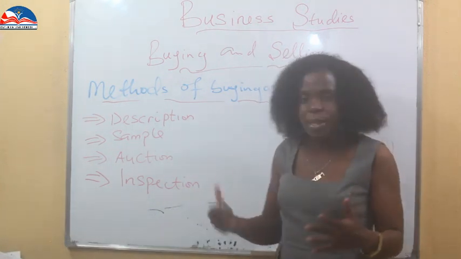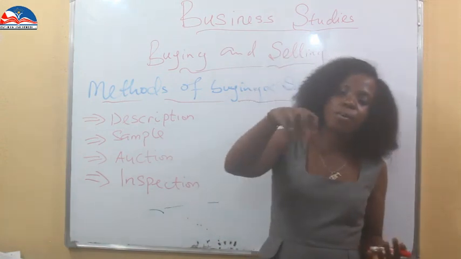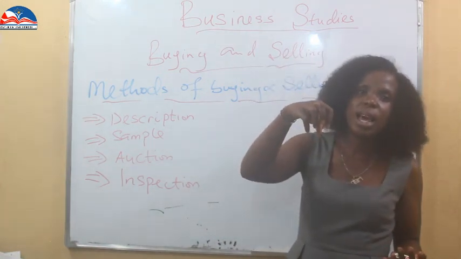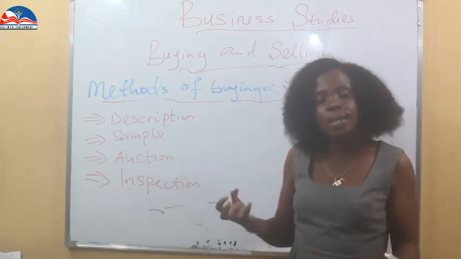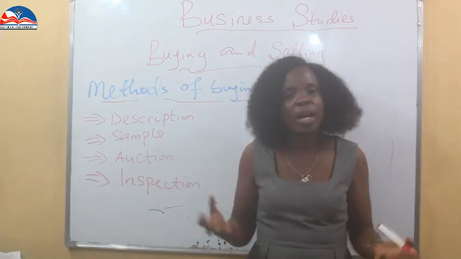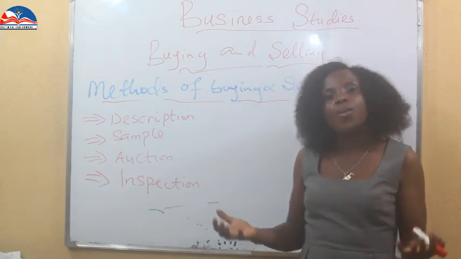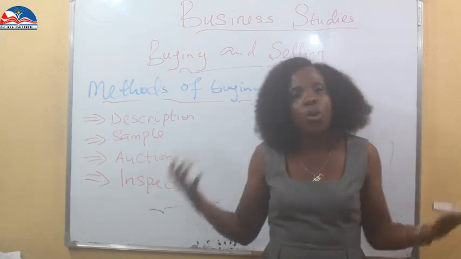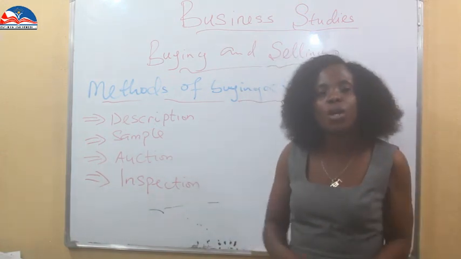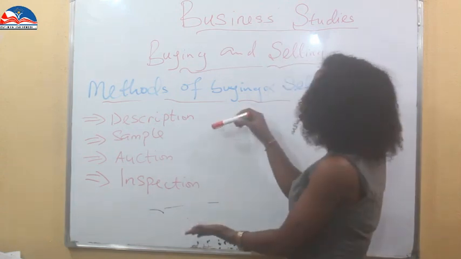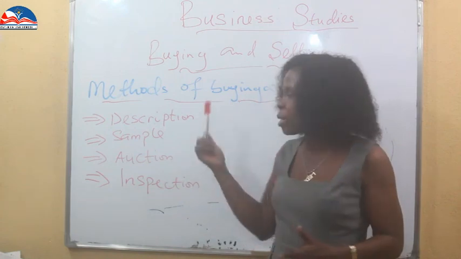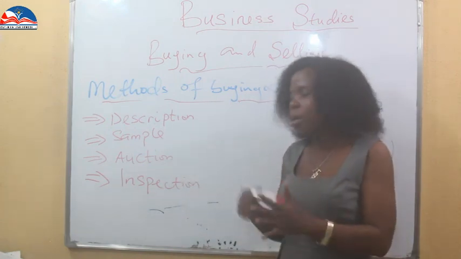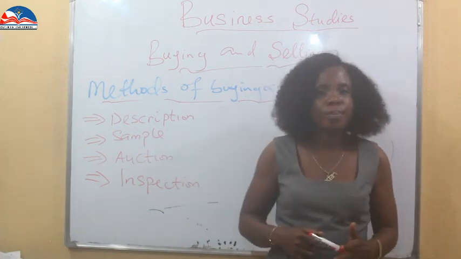Sometimes we look at the product to see the healthiness, the quality and quantity of the product. We inspect it with our hands, we weigh it, we look at it with our eyes, we evaluate whether it's something we actually want. So these are methods of buying and selling: through description, through sampling, through auction, through inspection.